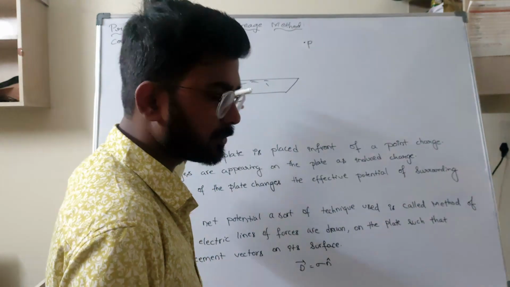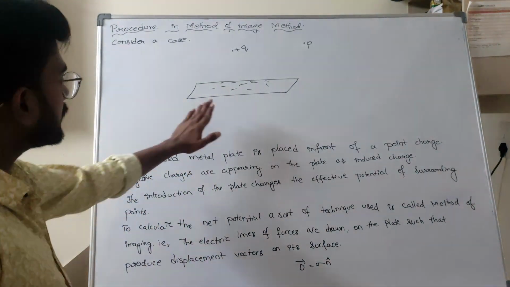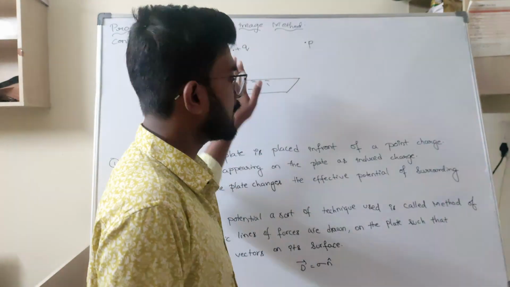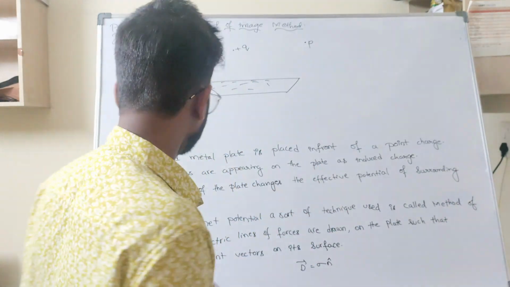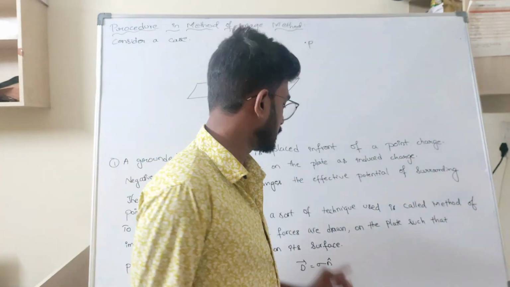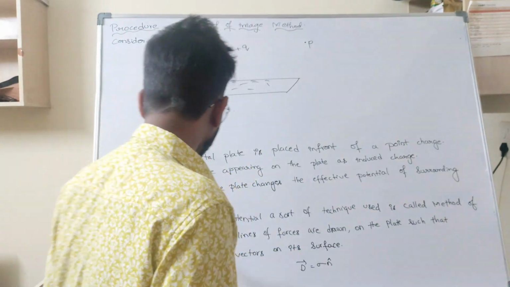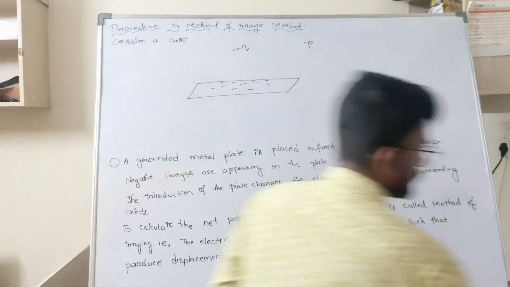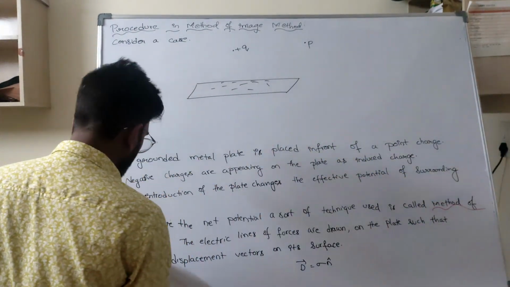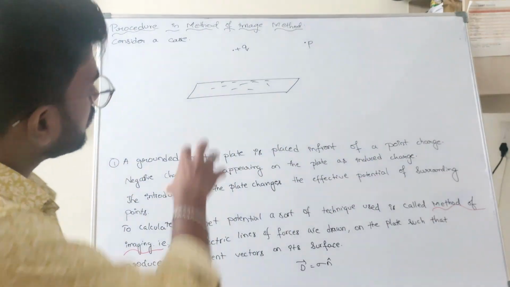So this is the effective potential, V plus and V minus meaning the potential due to the positive charge and the potential due to the negative charge. And next step, to calculate the net potential, a technique is used, called the method of images. Correct? The method of images is a technique to solve this kind of problem.